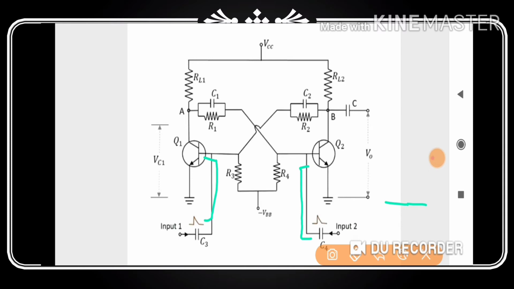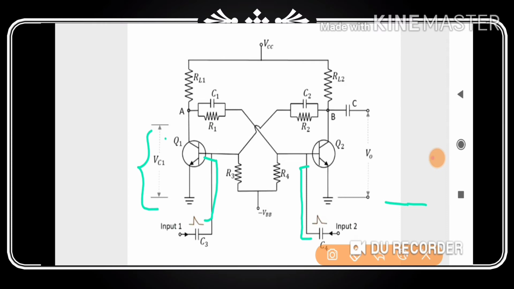So let us understand this by considering a negative pulse at the base of Q1. As a result, the collector voltage increases, which forward biases the transistor Q2.